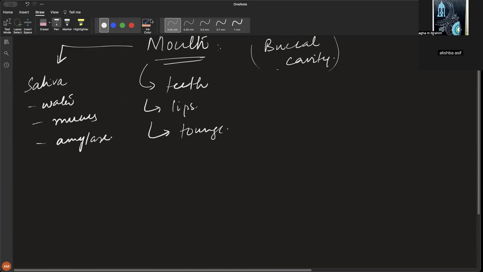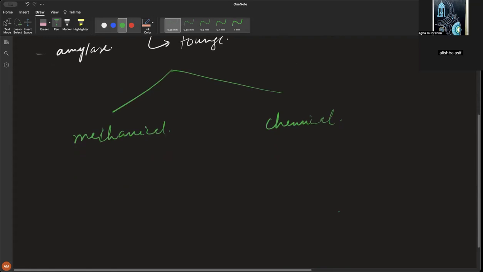The digestion that generally takes place in the mouth is of two types: mechanical or physical digestion, and then there is chemical digestion. In mechanical digestion, the mastication takes place. Mastication is chewing, right?